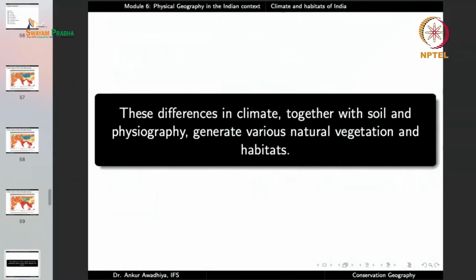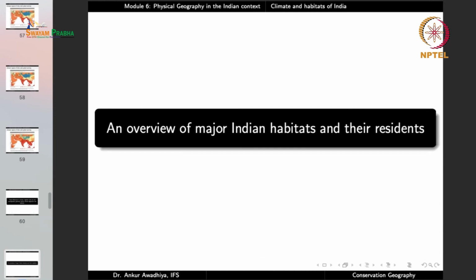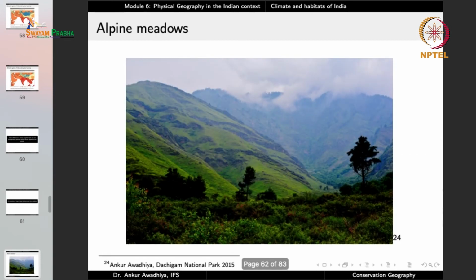On the north of the country and typically at higher altitudes, we have Alpine Meadows. Now Alpine Meadows exist in those areas that are cold. And typically these are hilly areas or mountainous areas, and the wind speed is also great in these areas.